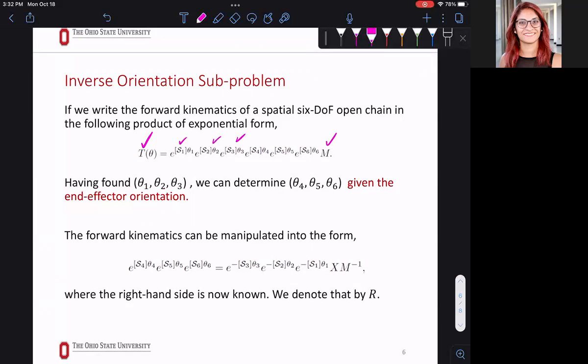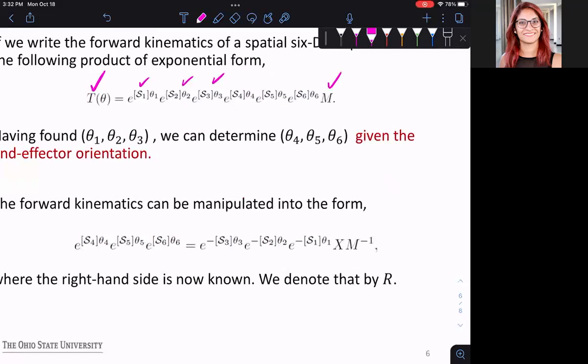This is the exponential coordinate of the transformation. Putting all of this together gives us a 4x4 matrix. We know that e to the power of s theta is a rotation matrix, so we can say this is a rotation matrix.